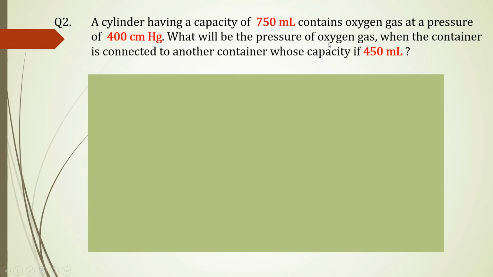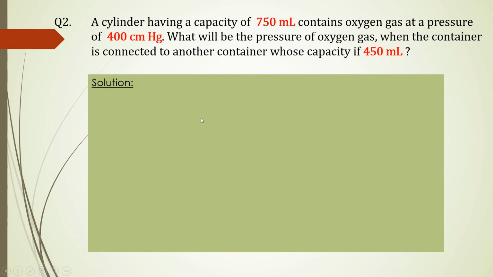That means we need to find the final pressure when the container is connected to another container whose capacity is 450 ml. So when one cylinder gets connected to another container, what will be the total volume? The sum of their individual capacities. So here the final volume will be 750 plus 450 ml.